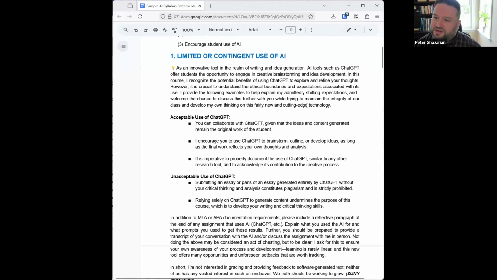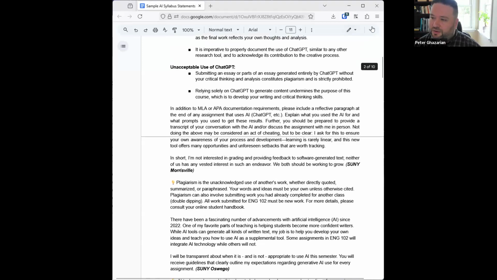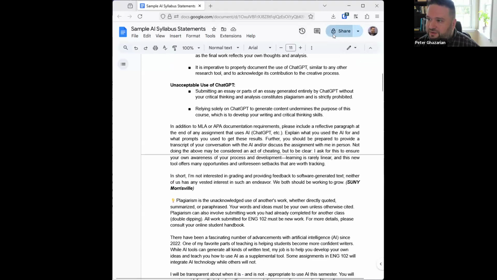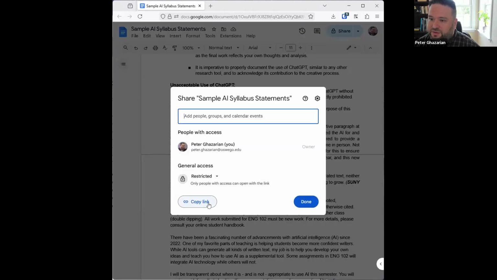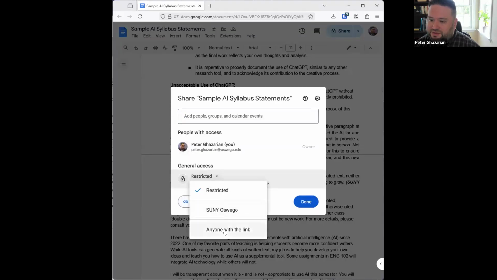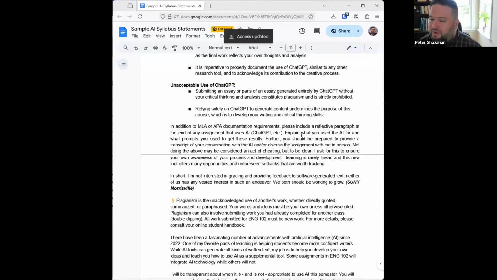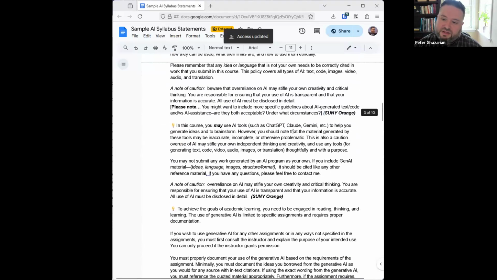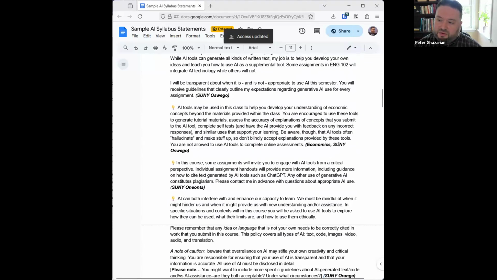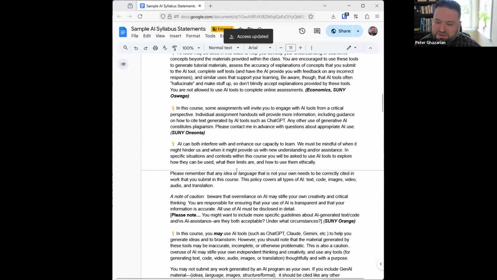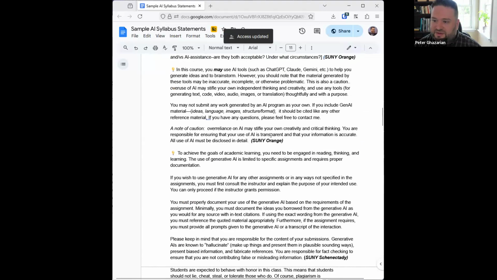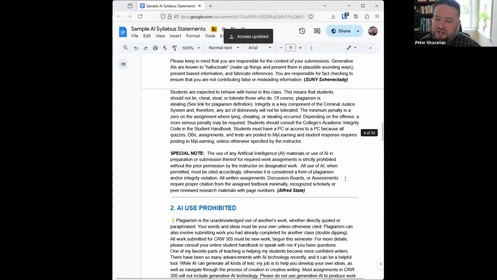And then there are a number of different samples in this document. I wish I could drop it in the chat really quickly, but for those of you who are in person, it's not going to be all that helpful. But there are samples of these different levels from across the SUNY system. We've got one from SUNY Oswego, one from SUNY Oneonta, something from SUNY Orange as well.